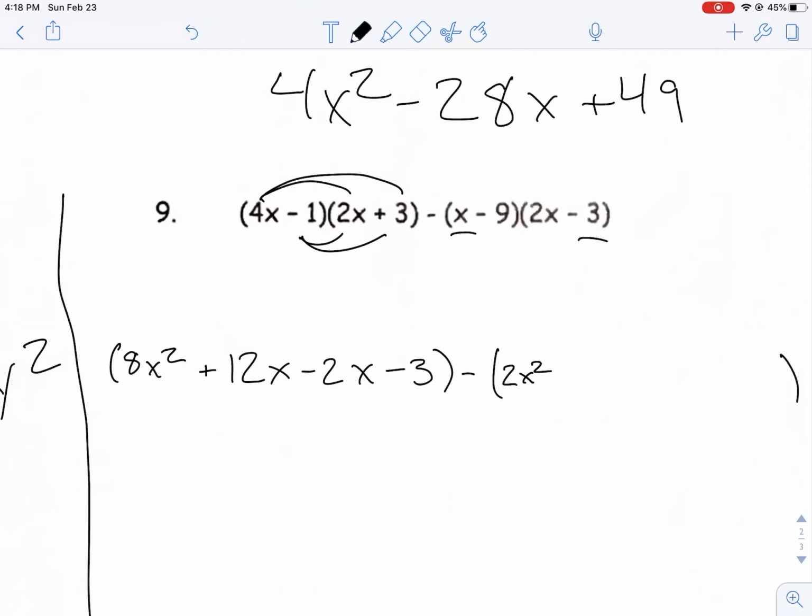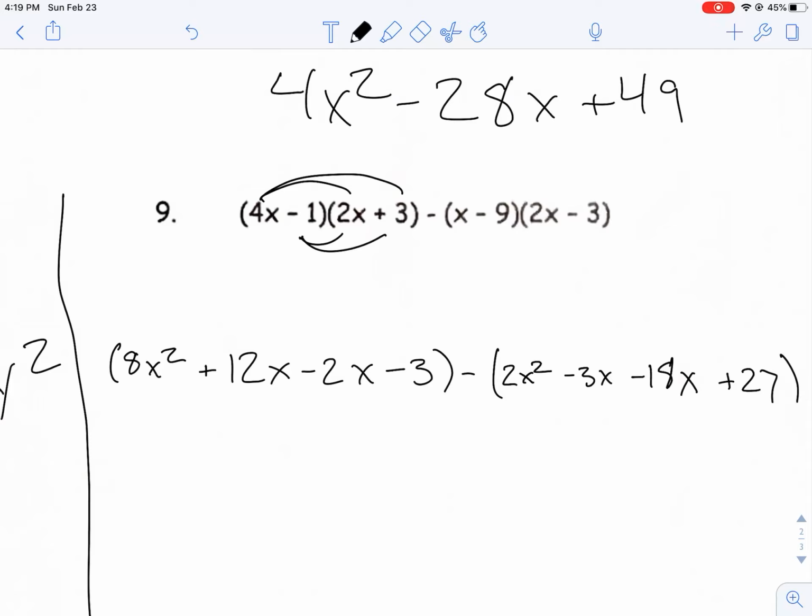Next, I need my outside terms. Then I need my inside terms. And my last terms. So if you had trouble coming up with those numbers, or where I came up with them, make sure you raise your hand and ask. But that's the gist of that.